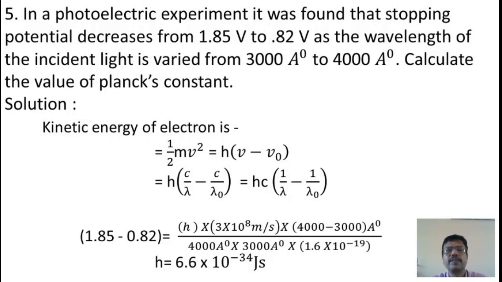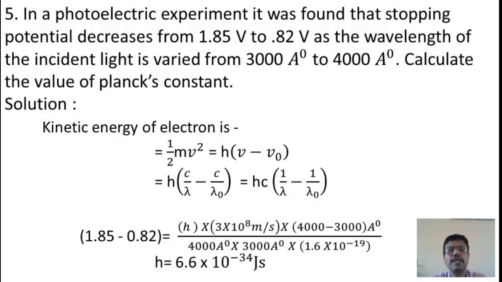Knowing lambda 1, lambda 2, kinetic energy 1, kinetic energy 2, you again use Einstein's photoelectric equation. The maximum kinetic energy of photoelectron is equal to energy of incident radiation minus photoelectric work function, that is, half m v maxima square is equal to hc by lambda minus hc by lambda naught. If you take hc outside, 1 by lambda minus 1 by lambda naught.